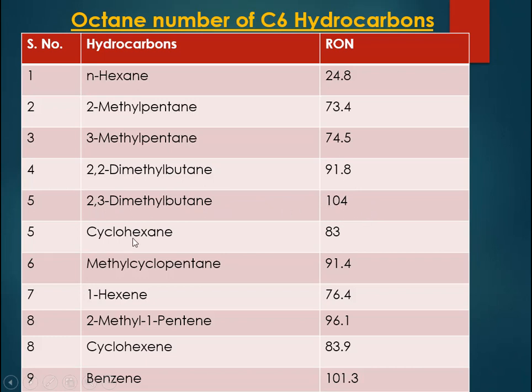Again, naphthenes have octane number higher compared to the paraffins, but if there is high branching, then it may be lower than even isoparaffins. So you cannot compare isoparaffins with naphthenes, because, for example, if you compare 2-methylpentane with cyclohexane for a fixed carbon number, then you will find that naphthenes have higher octane number compared to the isoparaffin.